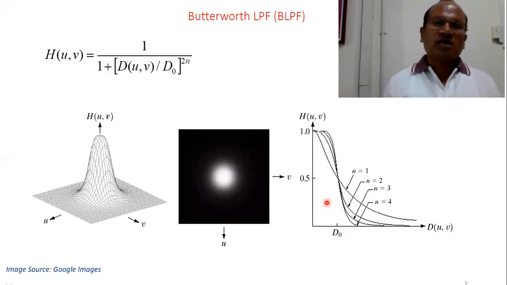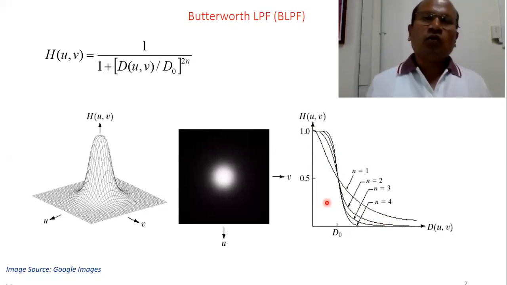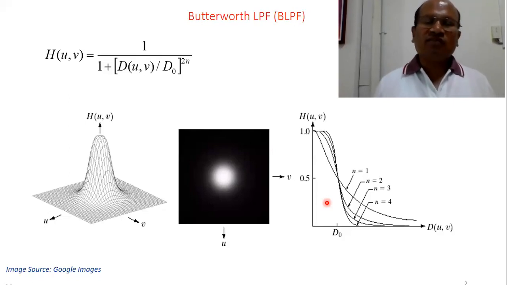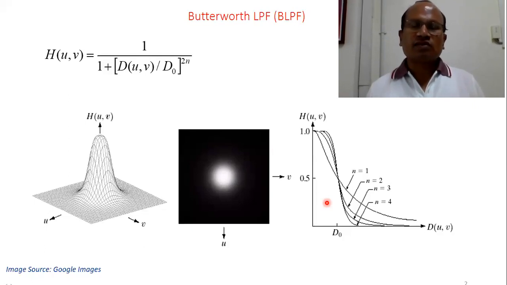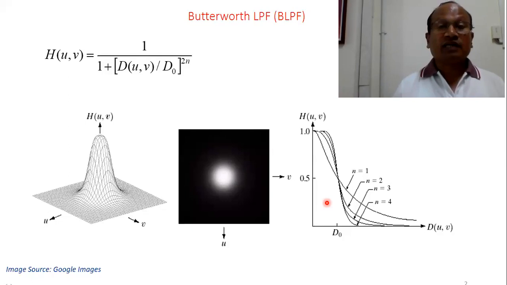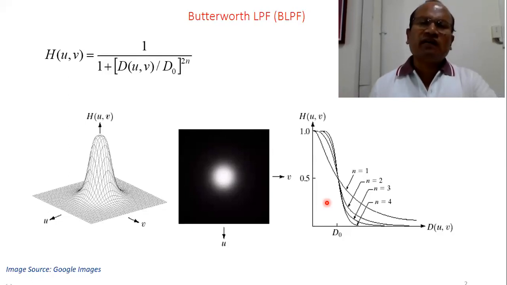So the Butterworth low pass filter will behave as an ideal low pass filter for a very high value of filter order. Cutoff distance, of course, is an important factor.